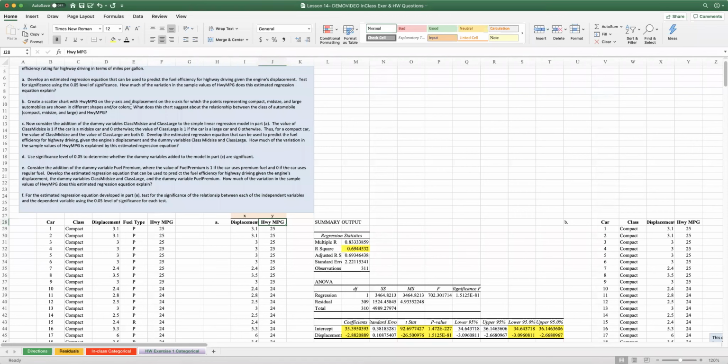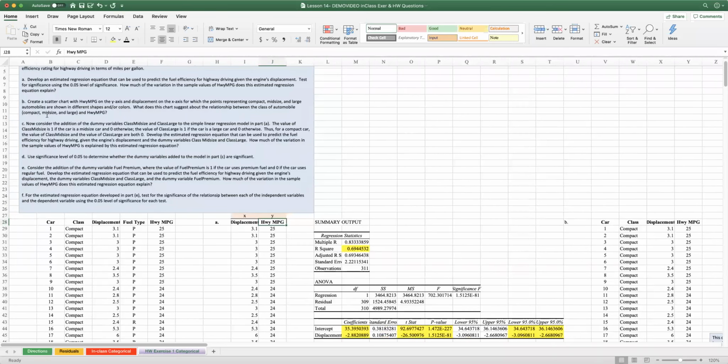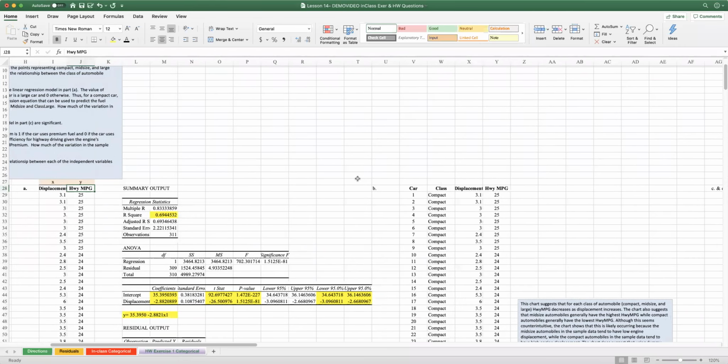We haven't done that yet, so it's a great chance for us to take a shot at that. And then what does the chart suggest about the relationship between the class of automobile, compact, mid-size, large, and highway miles per gallon?